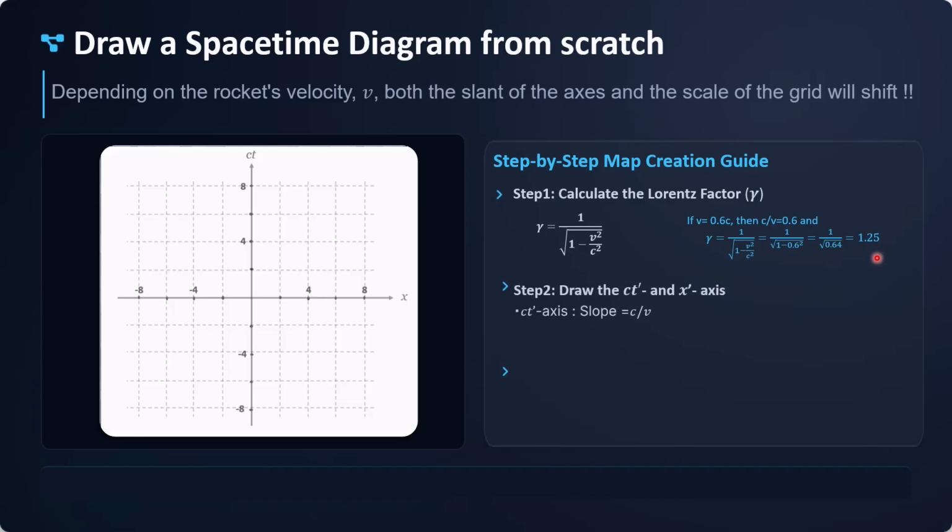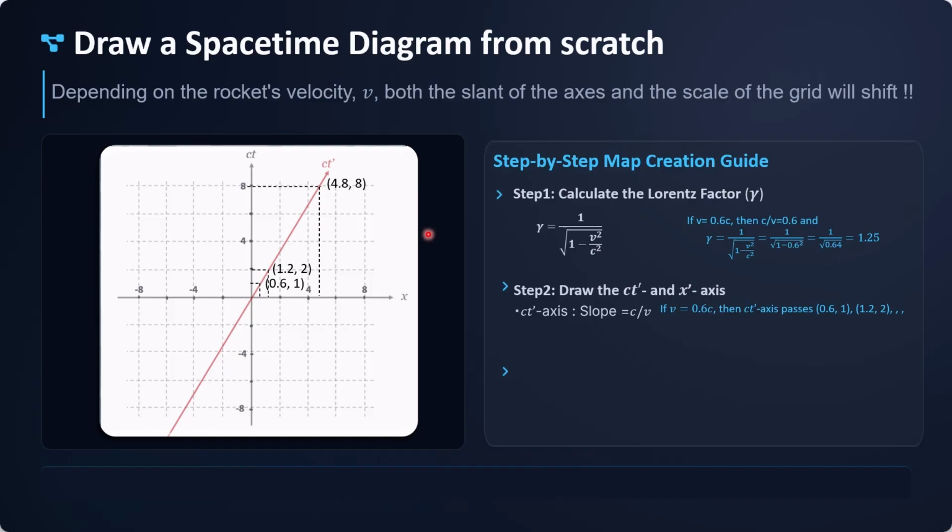Next, let's draw the ct prime axis. The true identity of this axis is simply the world line of the rocket itself. How do we determine the slant? The slope is always c over v. If v equals 0.6 c, our slope is 1 over 0.6. As you can see on our diagram, the ct prime axis passes right through coordinates like (0.6, 1) and (1.2, 2).